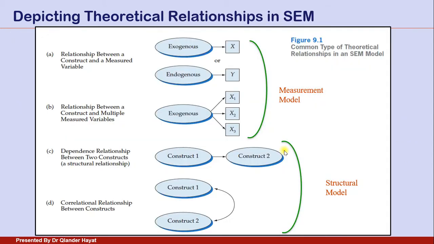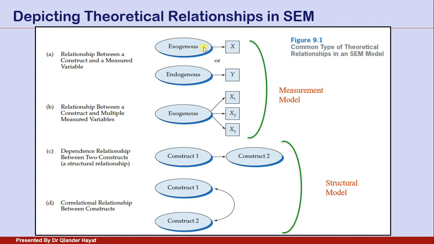Okay, to understand this concept of measurement model and structural model, we can see that these unobserved variables are the latent variables, which are examined with the help of observed variables. So this relationship is known as a measurement model.